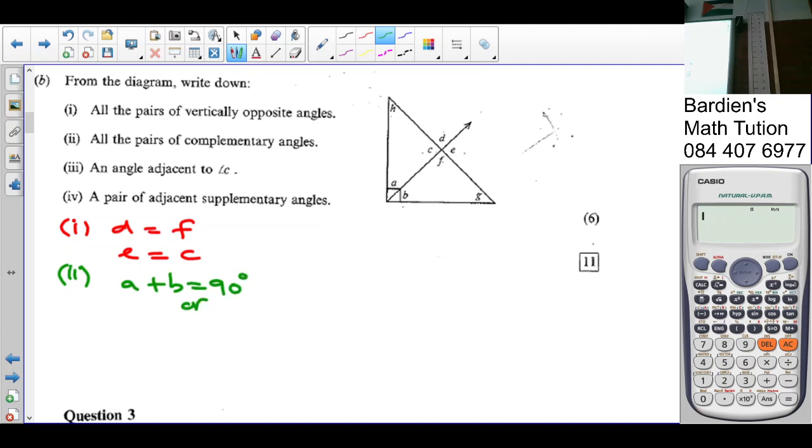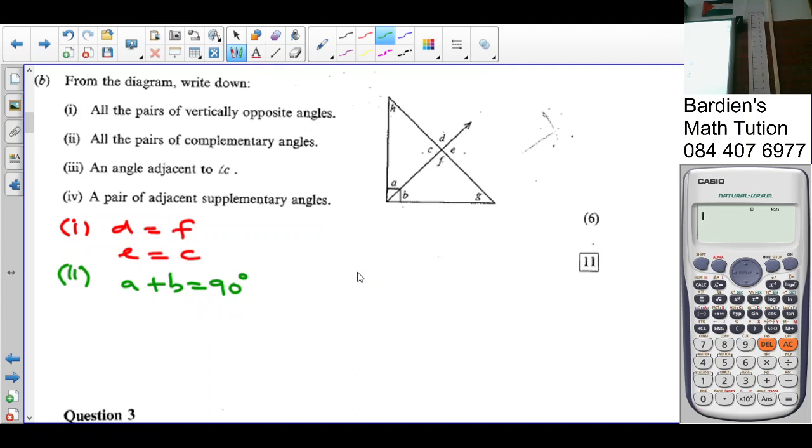Or you could have written A and B are complementary. You all agree with that? Okay. There's another one. Anybody?